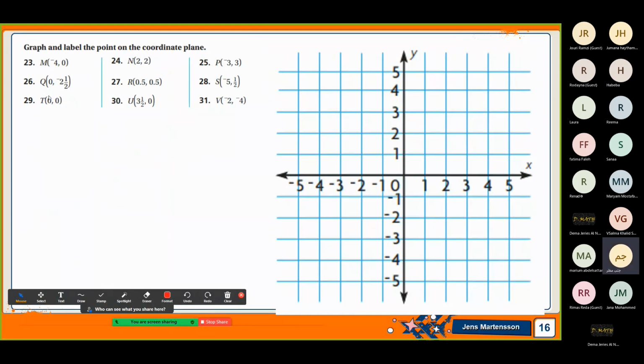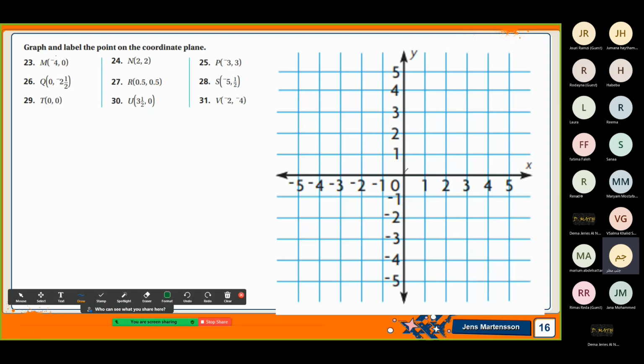Letter M, -4, 0. Where is it? -4 and 0. Do you have to go to the left or to the right? If it is negative, you have to go to the left.